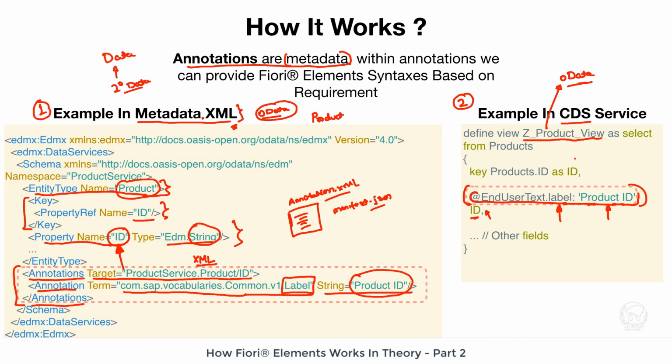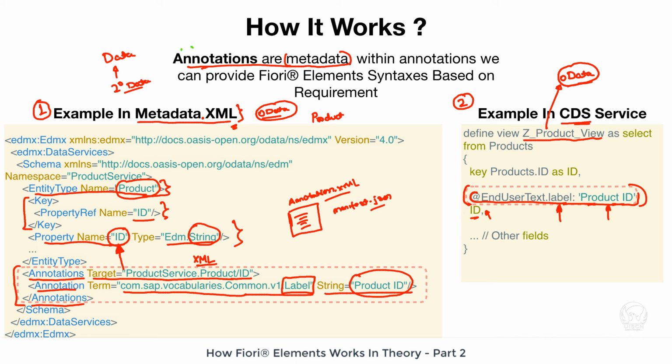This is the second way of passing your annotation within your CDS view, which can be exposed and added to the oData based services. Okay, so these are the two ways or two places where you can see the annotations getting added. I hope this is clear. We will just summarize this one more time.